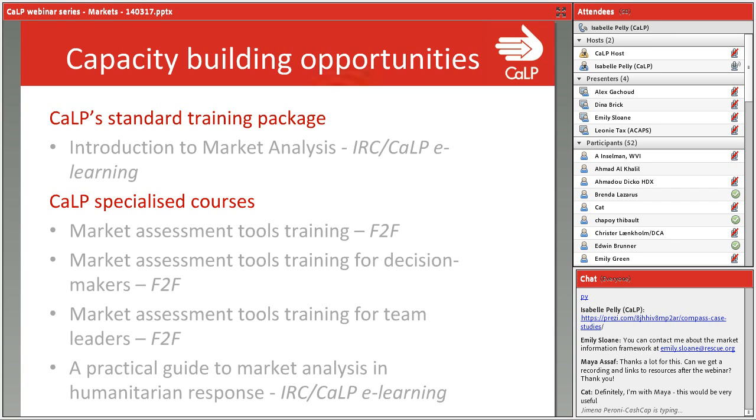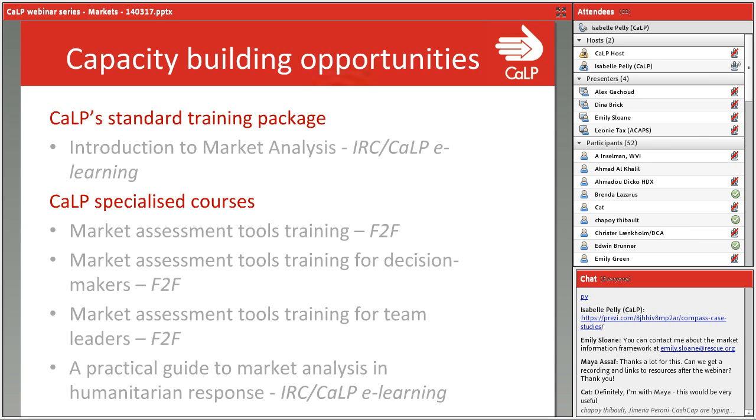Then we talked about what the minimum standard for market analysis is and how it might be achieved through a set of key actions and indicators. How can you be better equipped to choose an appropriate market analysis tool according to context and objectives, with the support of the Markets Compass.